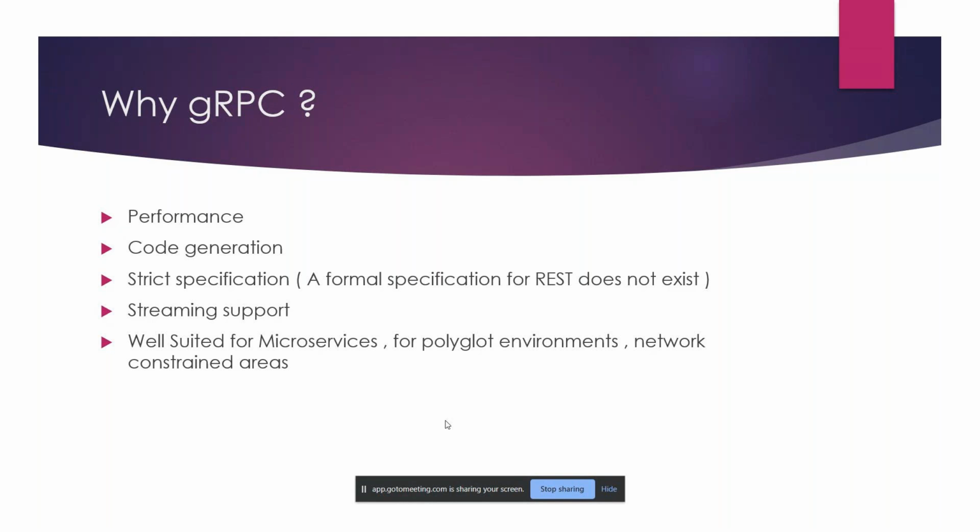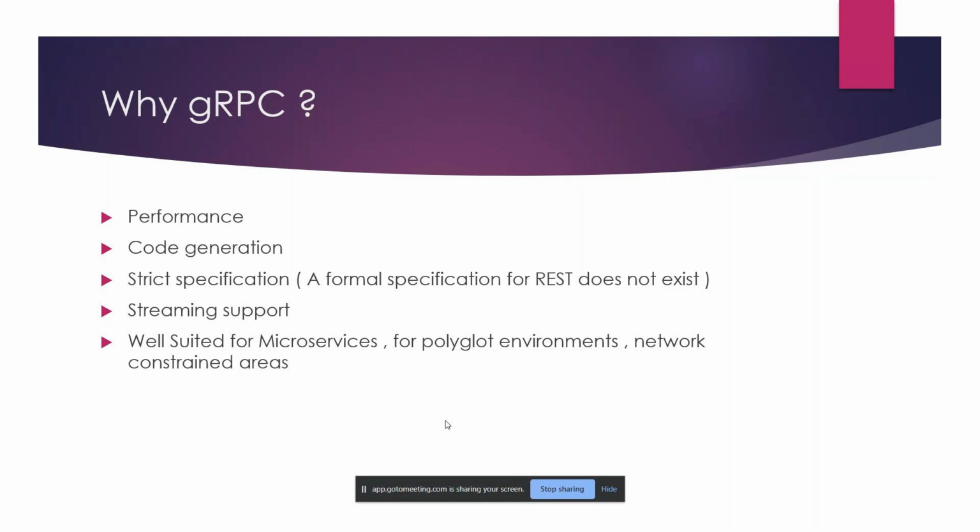Next is streaming support. Like we have seen in the grpc types, there are four types. There are three types of streaming support, bidirectional, client side and server side streaming, which is not possible with current HTTP 1.x. And next, it is well suited for microservices, for polyglot environments and network constrained areas.